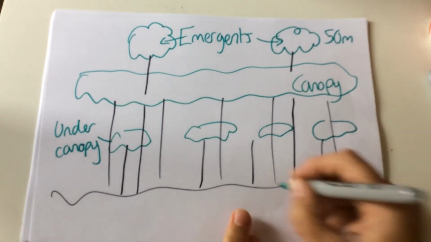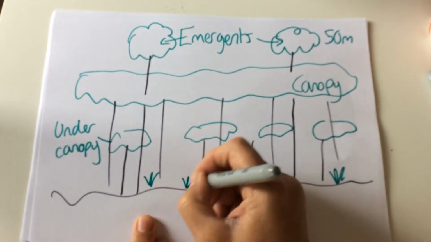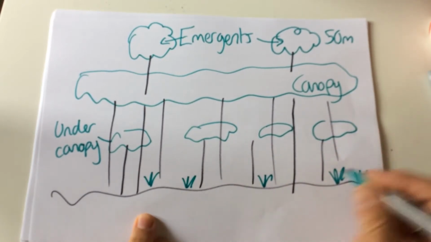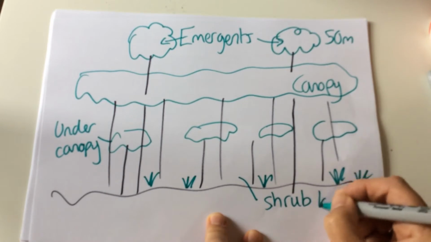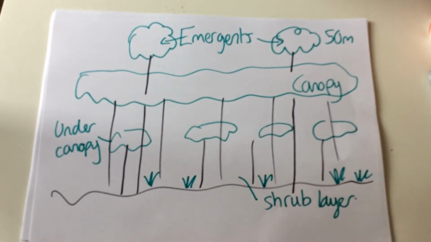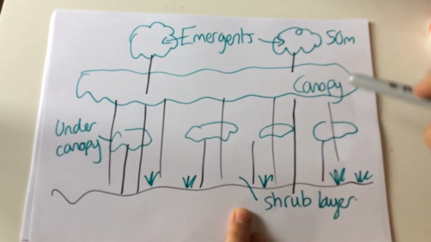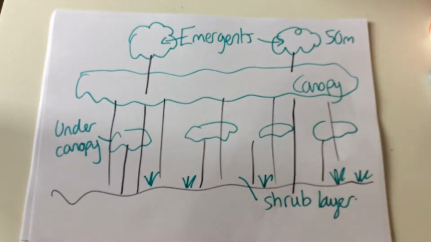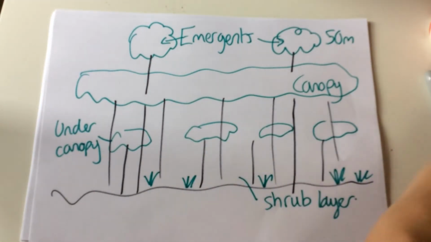And then on the floor of the tropical rainforest, if you're walking around, you would be here, and this is called the shrub layer. So there are four layers: the shrub layer, the under canopy, the canopy, and the emergents. And many of these plants are desperate to get up there.